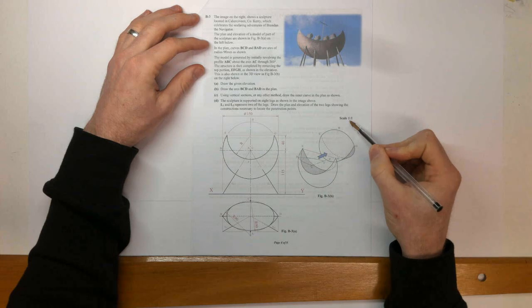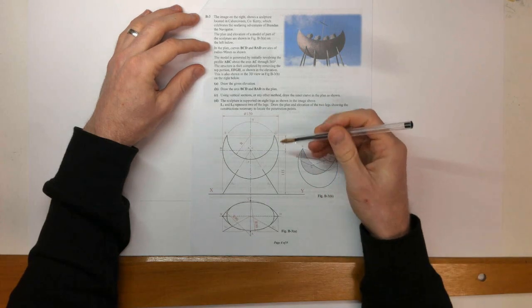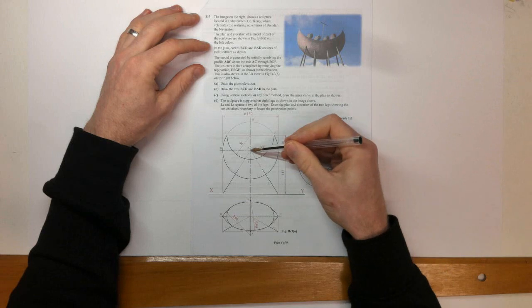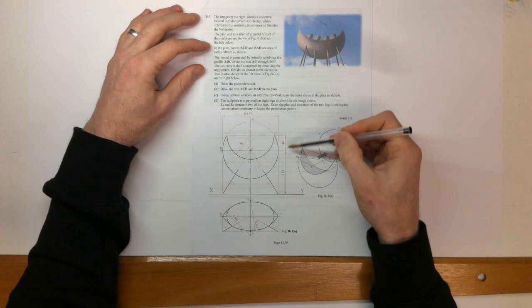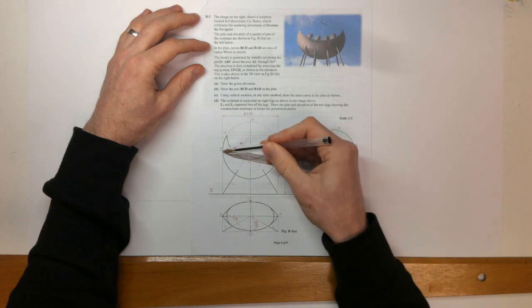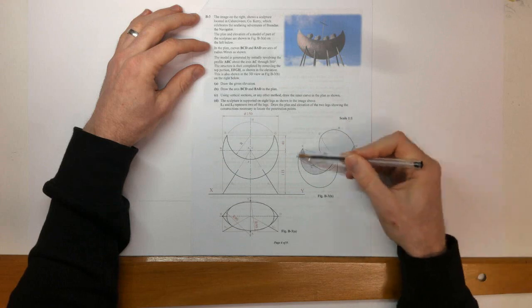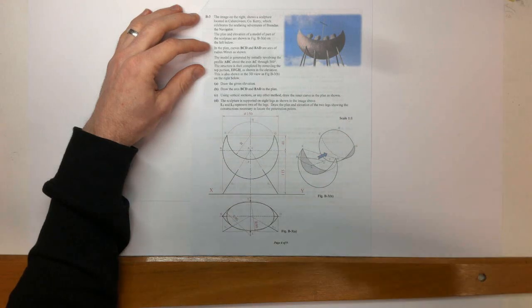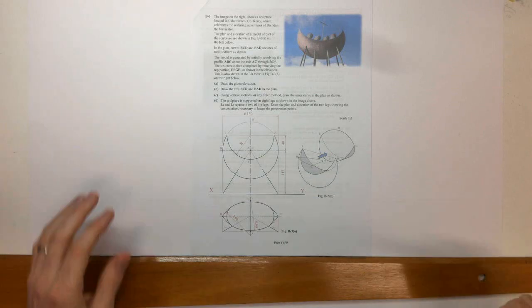Our scale is 1:1, so we can take our measurements as they are. We've got the distance up to the center of our circular profile, showing the path of B as it moves around. So B is traveling around the outside there. I should be able to draw most of that with no real issues. Let's get going.